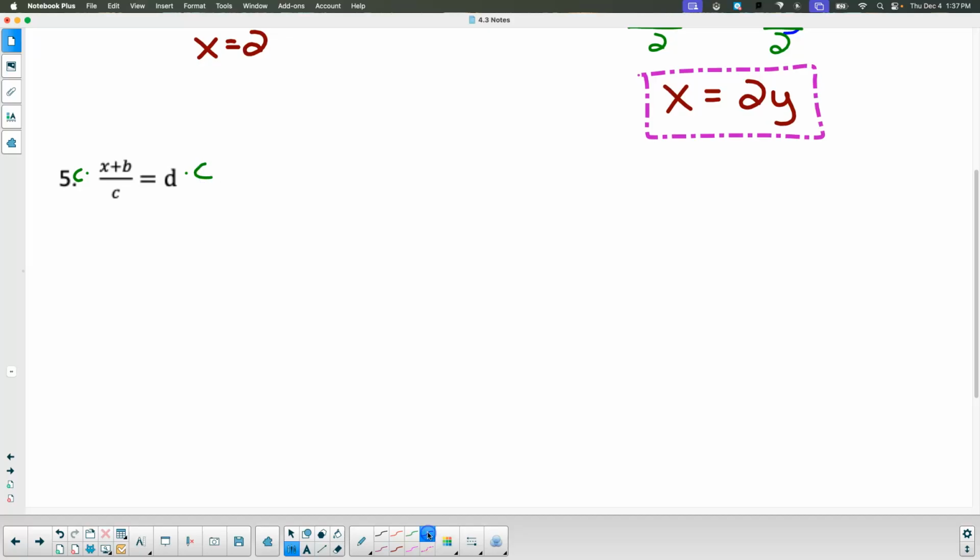So my left side becomes what? X plus b. And what is my right side? D times c or cd. CD or DC, either one. Doesn't matter because multiplication is interchangeable. What's next? Cam? Minus b from both sides, yep.